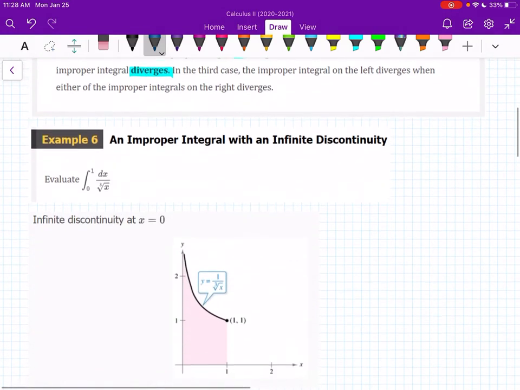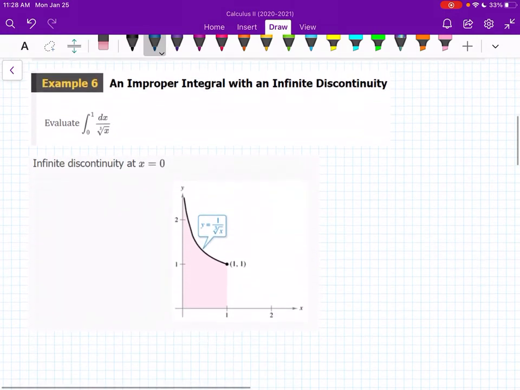So our first one here, we want to evaluate the integral from 0 to 1 of 1 over cube root of x dx. I'm just going to rewrite this from 0 to 1, x to the negative 1/3 dx, just to help myself. When we look at this, the function 1 over the cube root of x is discontinuous at 0.